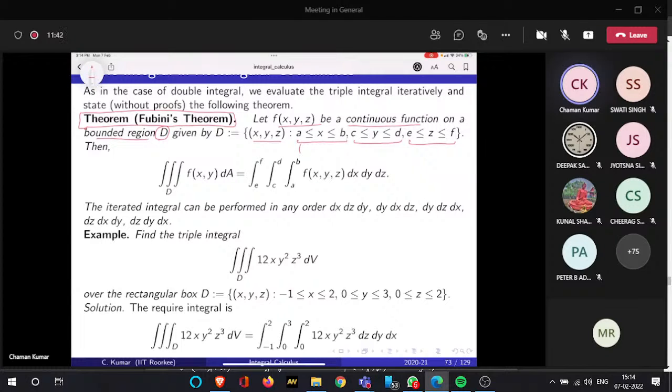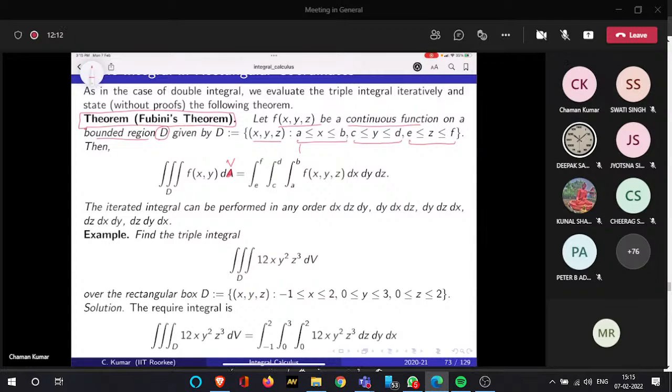So this is basically a domain of a rectangular cell. There is a typing mistake here; we replace this A by B. A is used for area, and area means you are in R2, that means the function is of two variables.